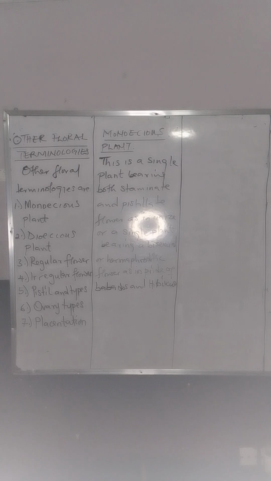For example, the maize plant has the male inflorescence called tassel on its head, and the cob, which is the female inflorescence. So then hibiscus plant in its own case has a bisexual flower, the flower that contains both male and female reproductive structure.